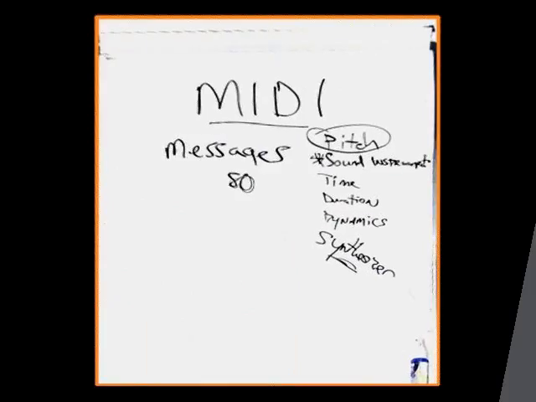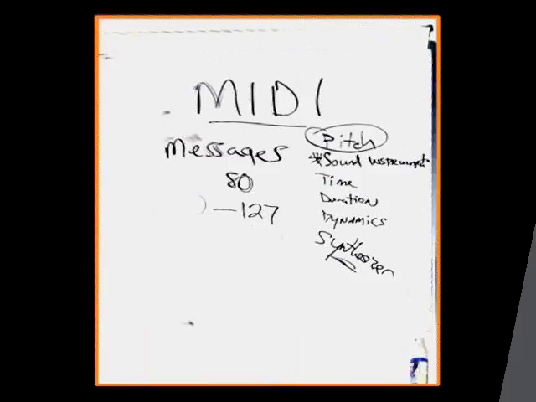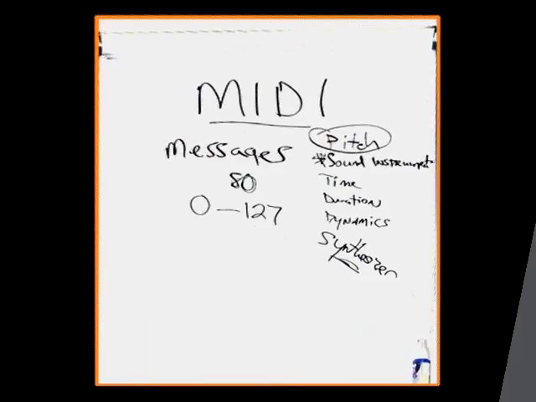And it turns out that I have values between 0 and 127, okay? Well, how many keys are there on a piano? How many keys are on a piano? You know? There are 88 keys on a piano. And if I have values from 0 to 127, I can assign those 88 keys in there without any problem.